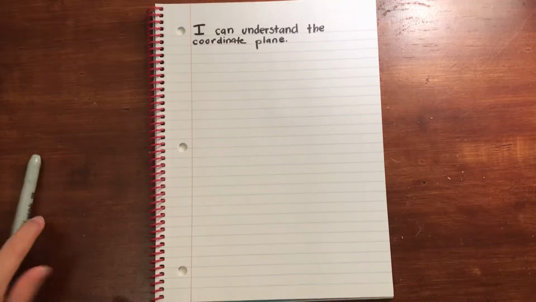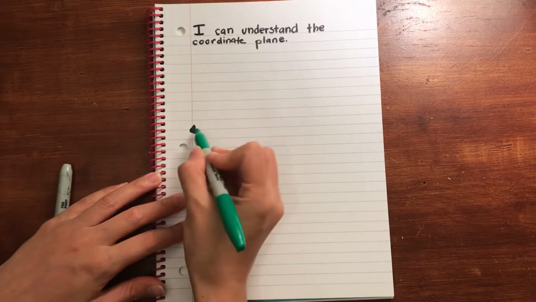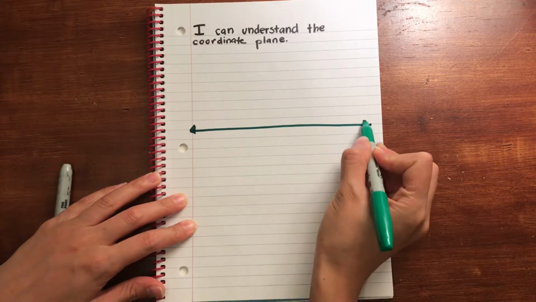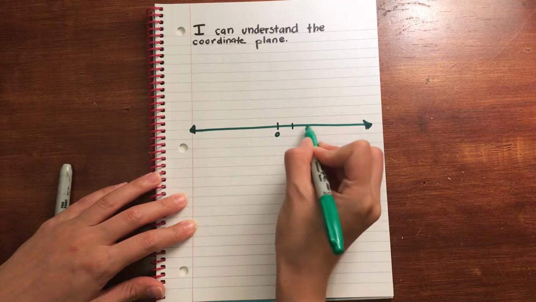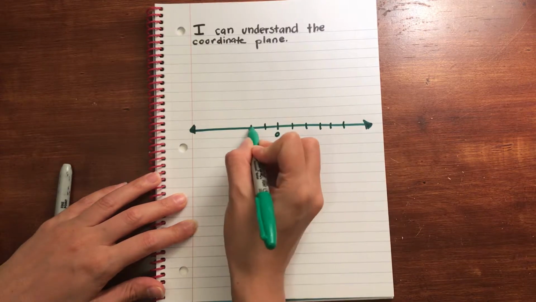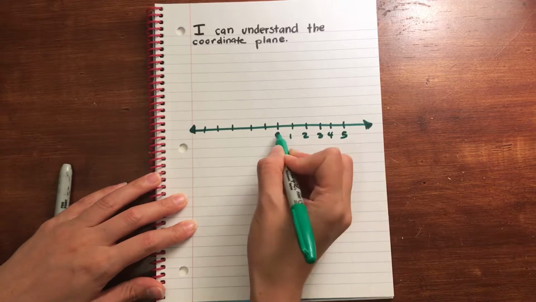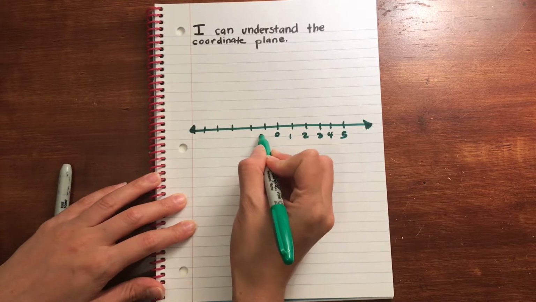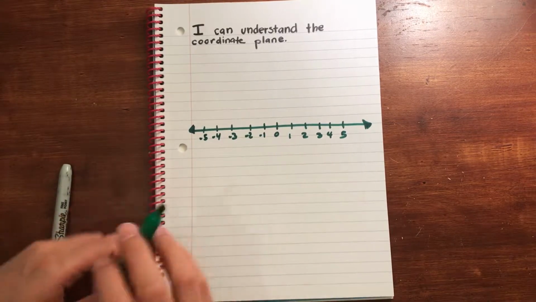Okay, I'm going to quickly draw my horizontal number line, which for the coordinate plane translates into the x-axis. One, two, three, four, five. And I go 0. I start at 0, and I get -1, -2, -3, -4, and -5.